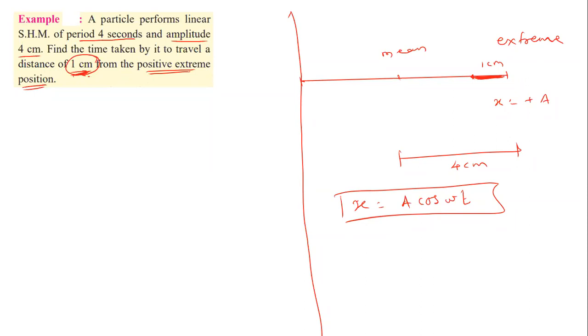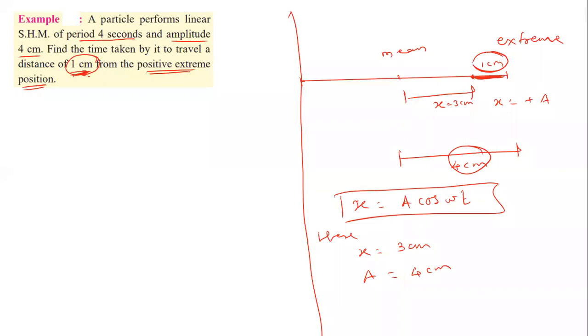Now how much is x here? So x is this. This is 1 centimeter and this is 4 centimeter. So 4 minus 1 is 3 centimeter, x is equal to 3 centimeter. Now A is the amplitude, given as 4 centimeter.